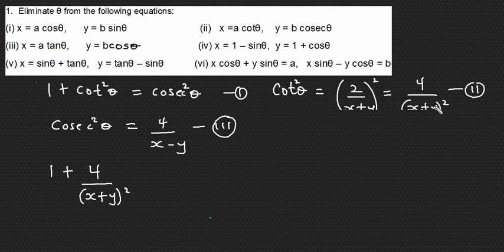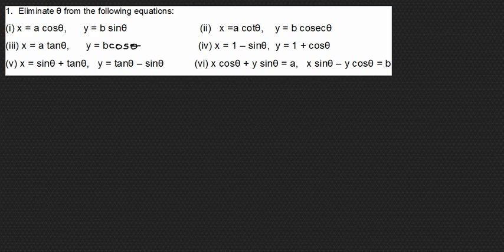This was a plus y, then equal to cosec squared, and the cosec squared is here, this is squared, is 4 over x minus y squared.